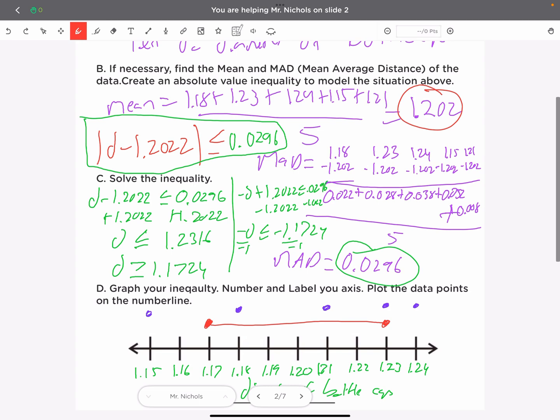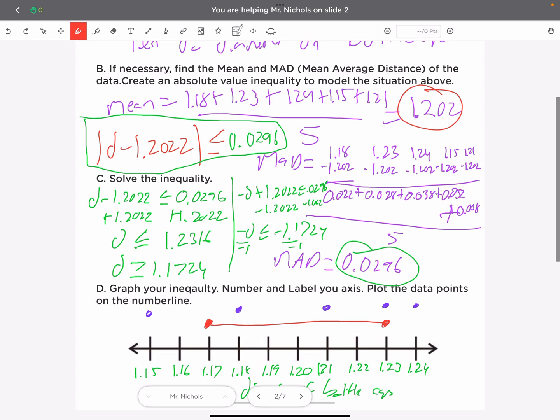And then you do that with each of the other data points. 1.23 minus 1.202, take the absolute value, and then you get 0.028. And then you get 1.24 minus 1.202, 0.038. 1.15 minus 1.202, you get 0.052.